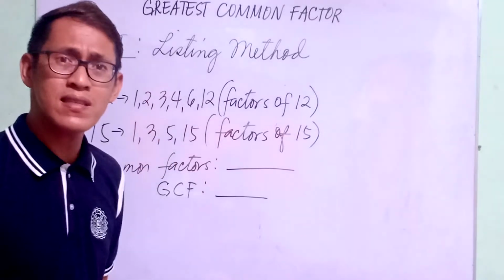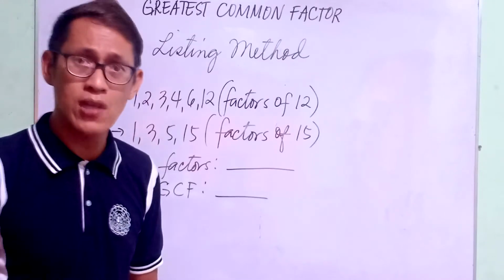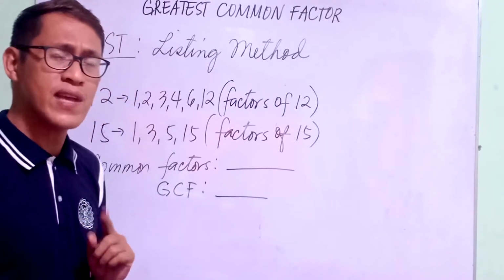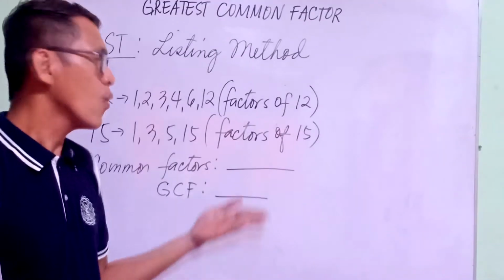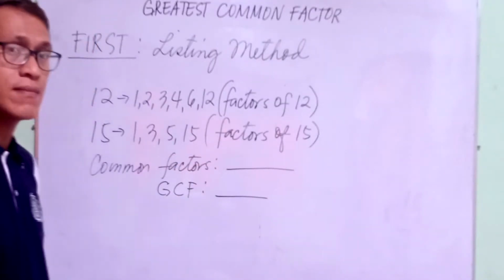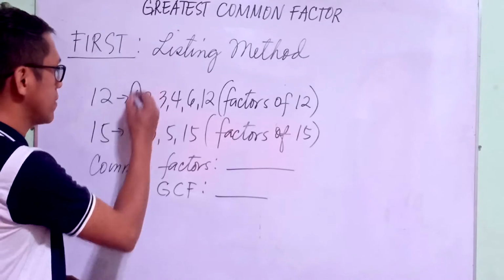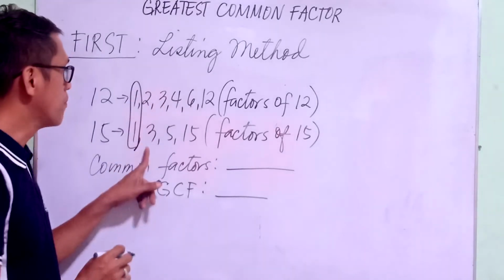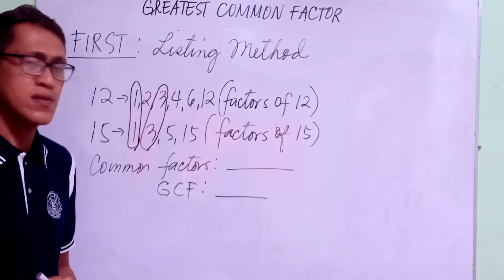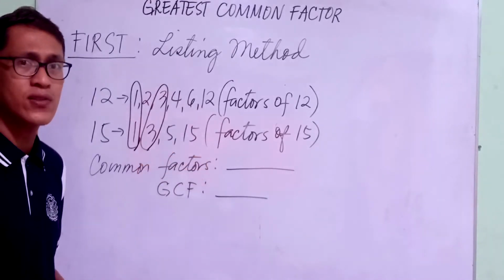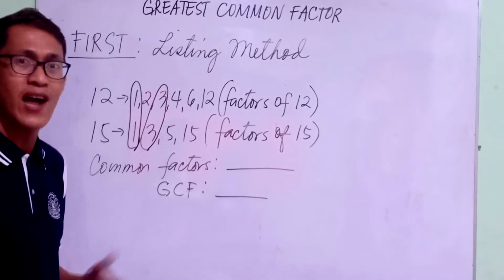So after you list down all the factors of each number, the next thing for you to do is to get the common factors. What common factors can you see? Both have 1. That's common. Both have 3. Can you see other common factors here? None, right?